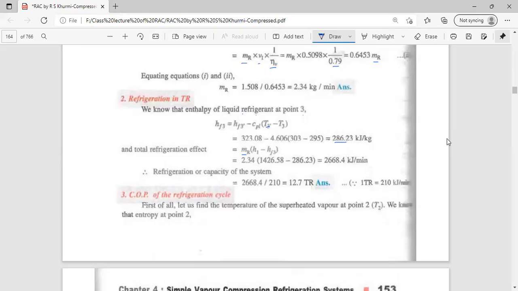If we subtract them and multiply by the specific heat at gaseous stage, which is also given to us.